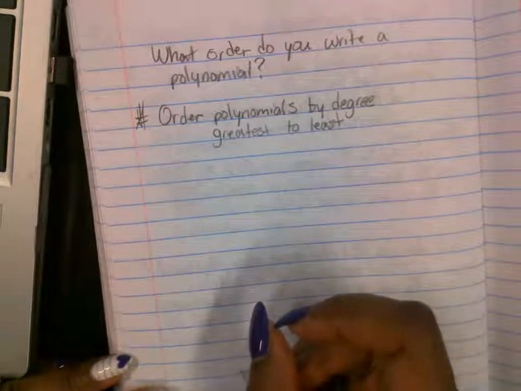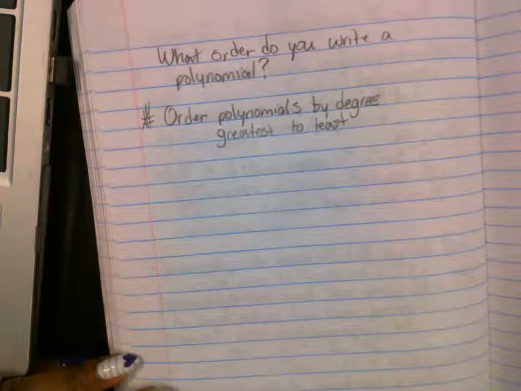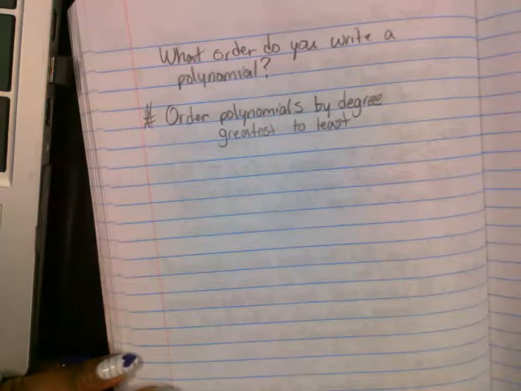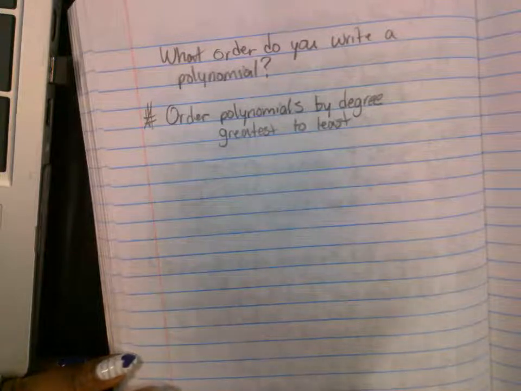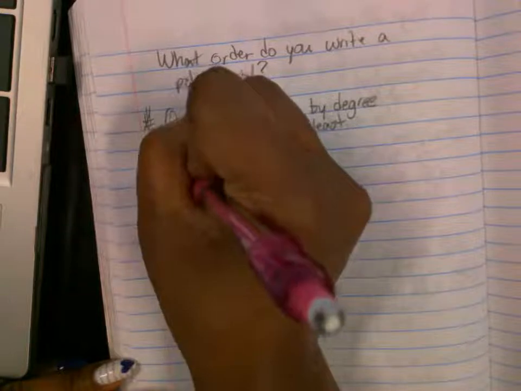So we're going to follow the same procedures again. We're going to find the degree of each term, and then we're going to put it in order by degree, greatest to least. So let's do this first one. We might do 2 examples.